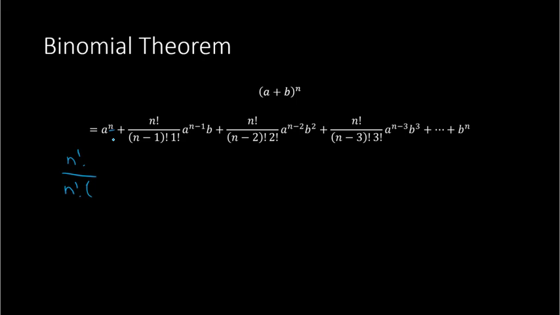So there's no b, or b to the 0 power, so that would be 0 factorial right there. All right, and so the n factorials would cancel out. 0 factorial is the same thing as 1, so what we have is 1 over 1. So the coefficient is going to be 1, but it's not needed to be written. So the pattern does continue and does work for the first term, and the same idea for the last term as well.